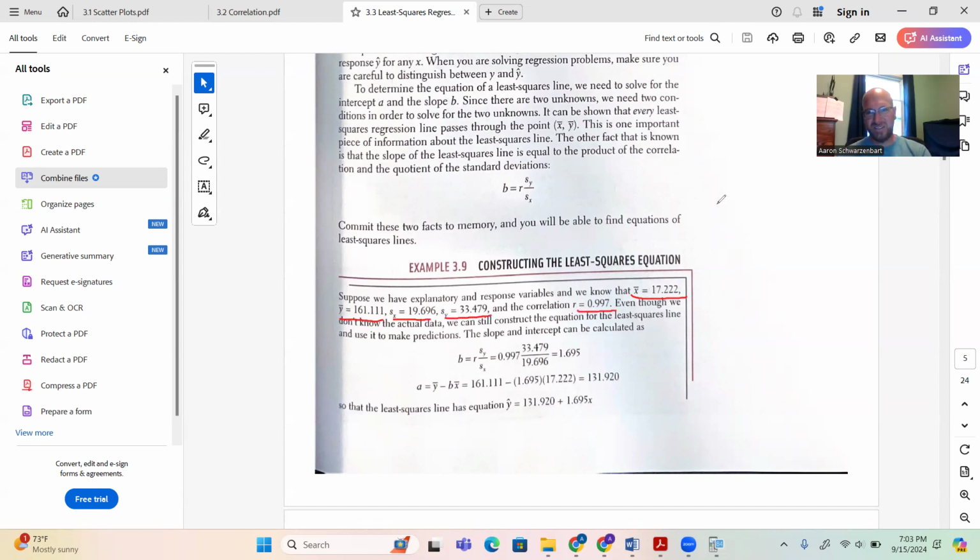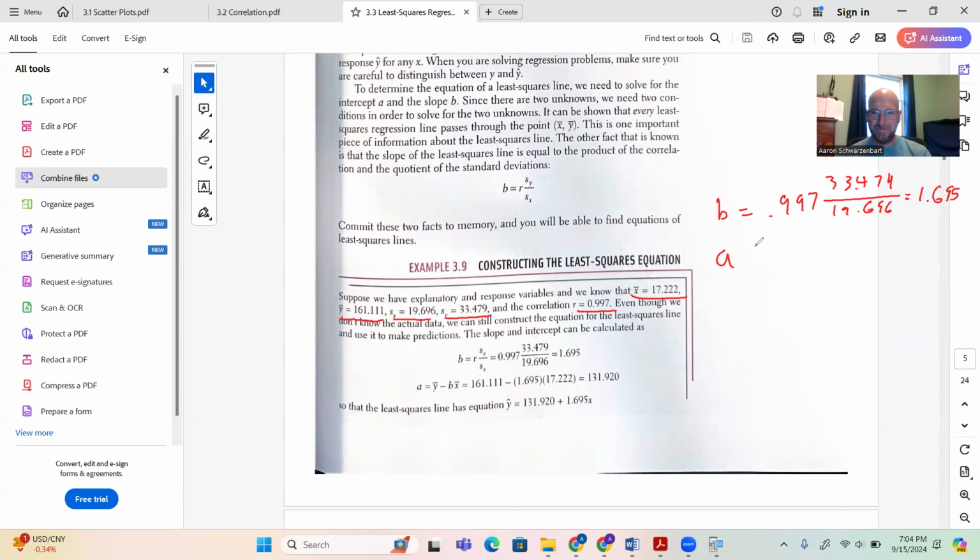So if I want the equation for the least squares regression, B is r, .997, times sy over sx, it's y over x, just like slope, because this is slope. Standard deviation of y over standard deviation of x. And they calculated that for me below in the example.